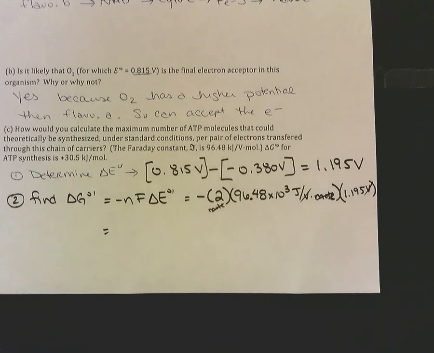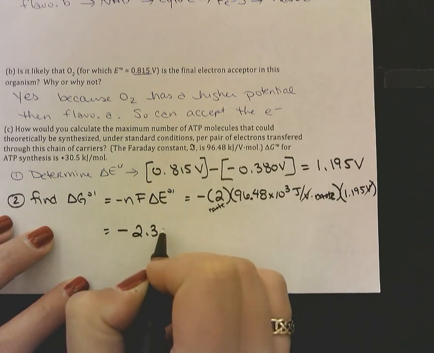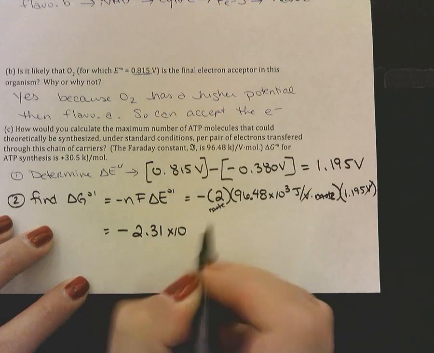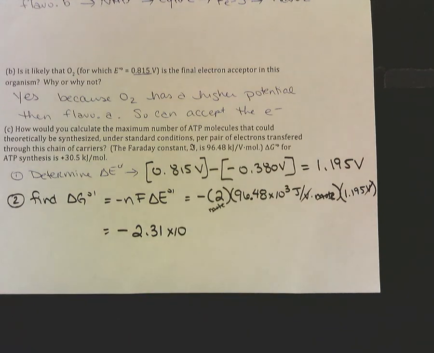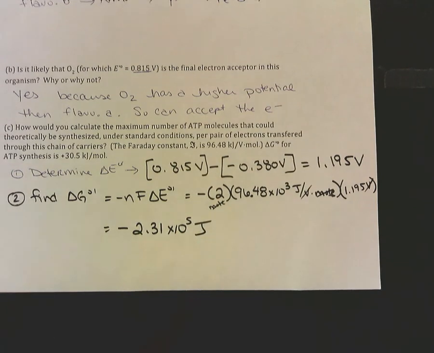Okay, so then let's see, -2 times 964. Somewhere in that ballpark.